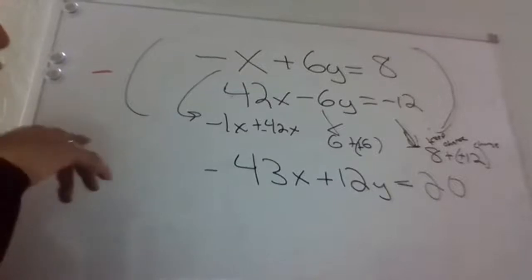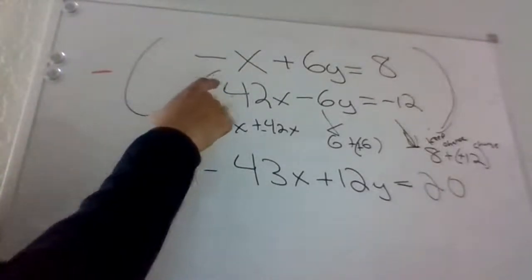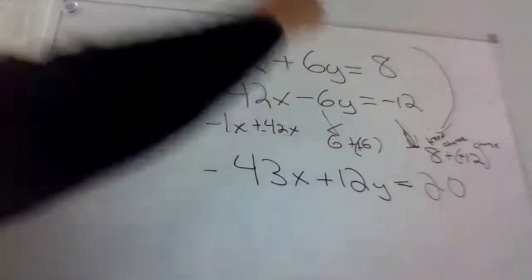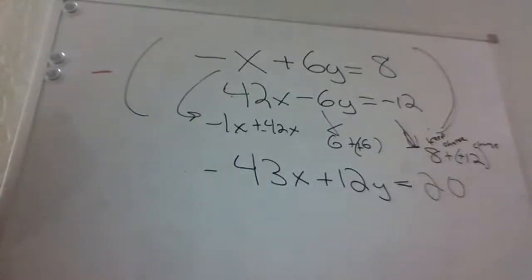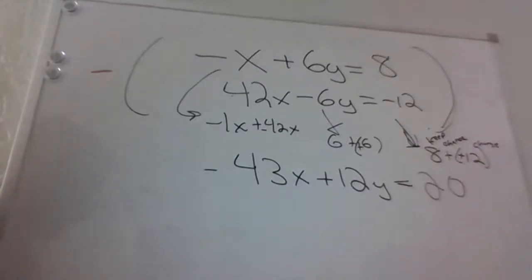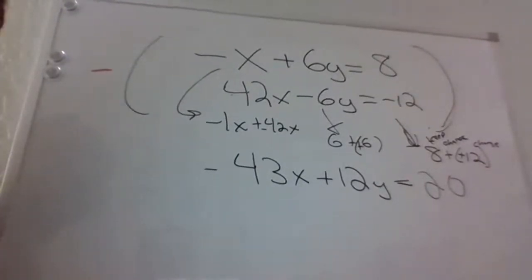Okay. So if you look at the top equation, it's negative x plus 6y equals 8. If we multiply that by 7, then we would have negative 7x plus 42y equals 56. All right. Does that make sense so far?